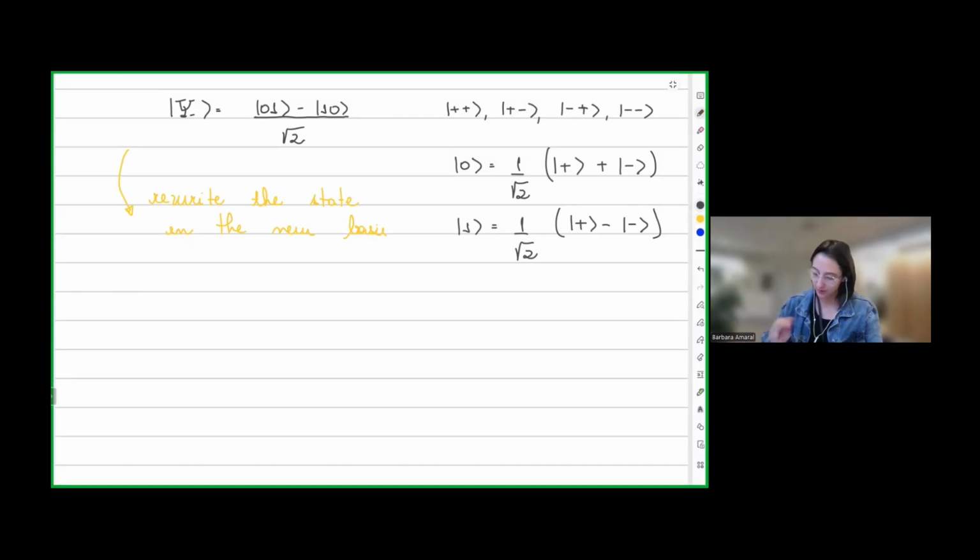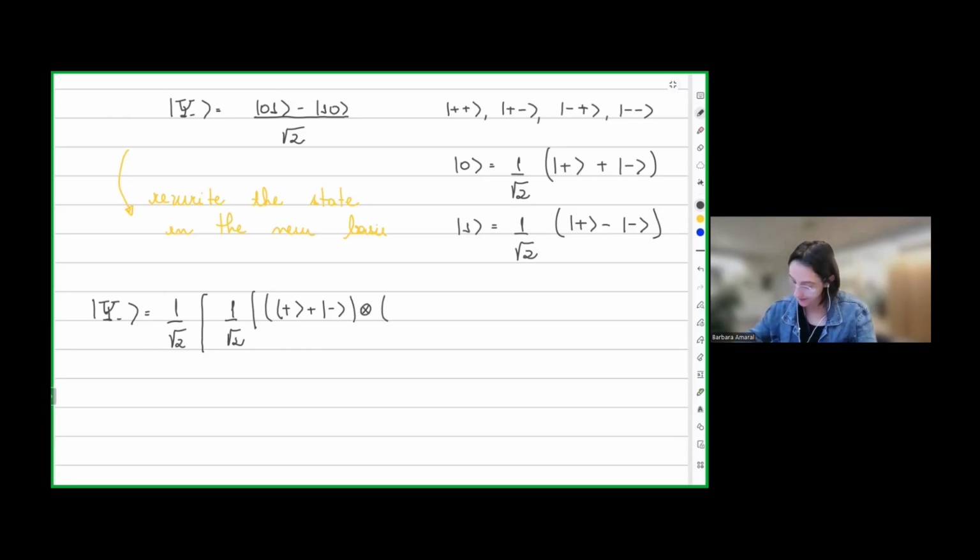Okay, so this is going to give me, I'll leave the 1 over square root of 2 here, another one here, and I'll have (|+> plus |->) tensor product with (|+> minus |->). This is this.